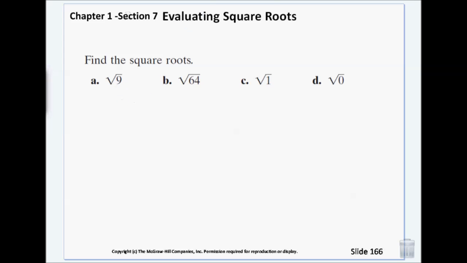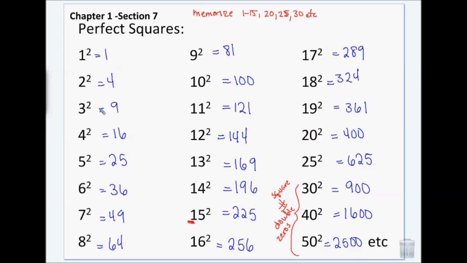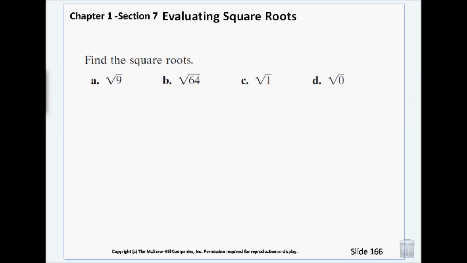So I look at the square root of 9. I'm going to pop back for a second. 3 squared equals 9, right? So if 3 squared equals 9, square roots undo squares. So I'm just going to write that right there. 3 squared equals 9. So the square root of 9 equals 3.